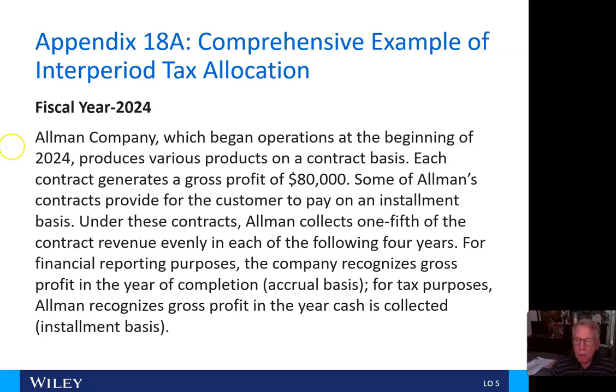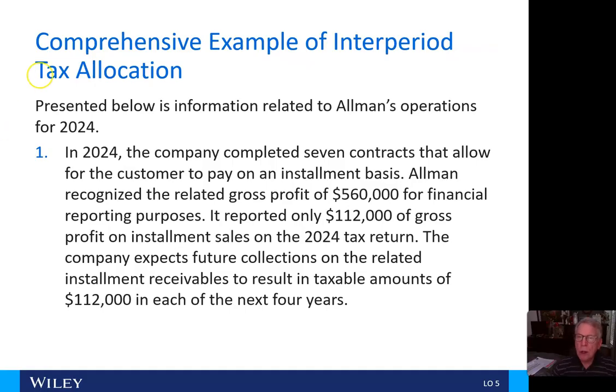For financial reporting purposes, the company recognizes gross profit in the year of completion, the accrual basis. For tax purposes, Allman recognizes gross profit in the year cash is collected, the installment basis. So, here is an example of that related to Allman's operations for 2024.